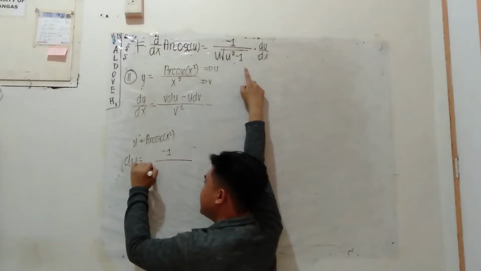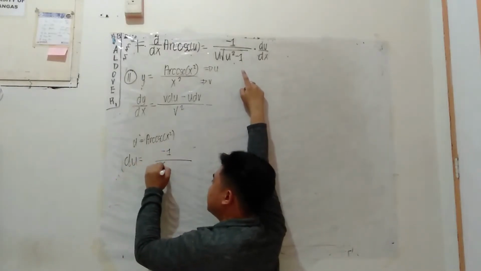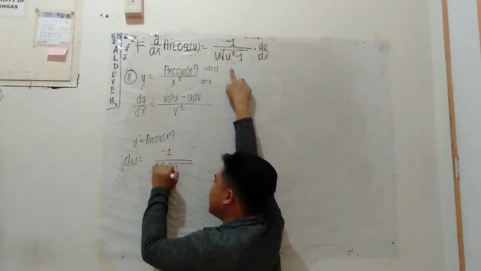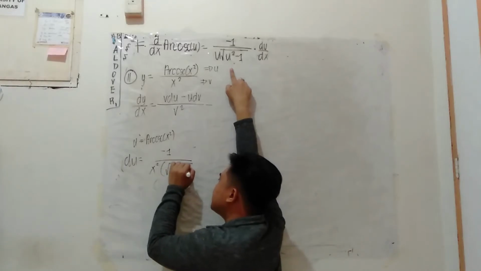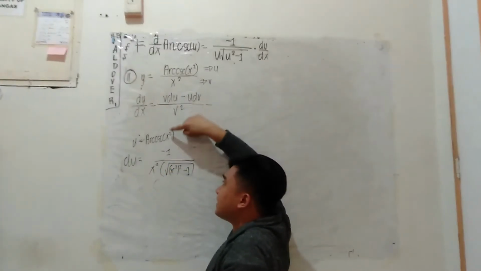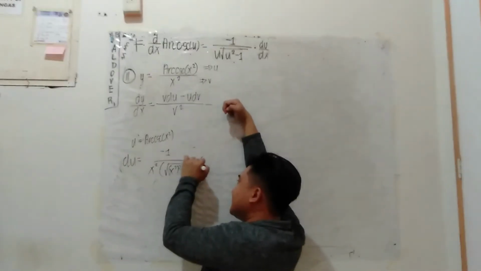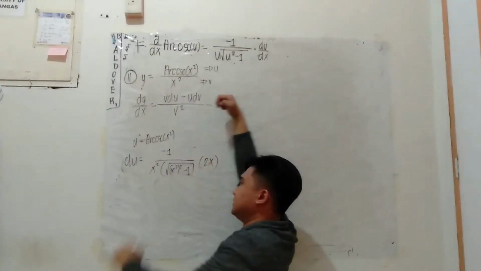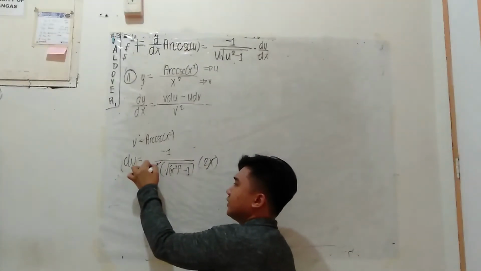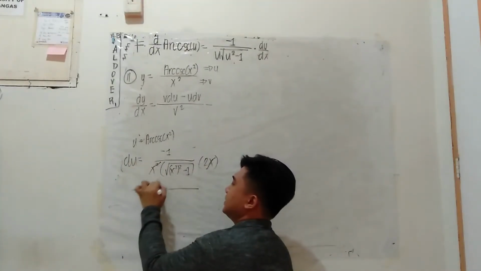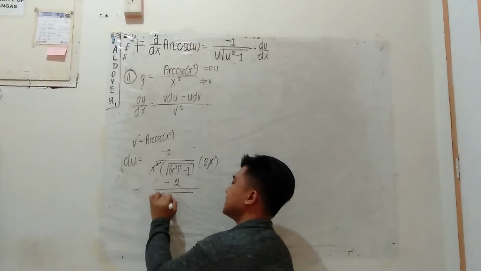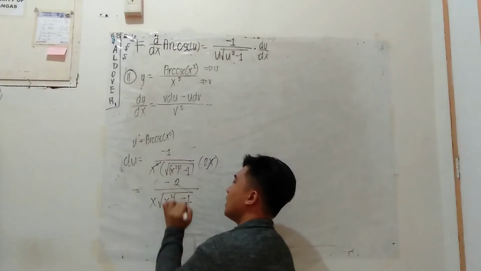U is x squared times square root of u squared, that is x squared squared, minus 1, times du dx. What is the derivative of x squared? That is 2x. Okay? One x will cancel there. So, du is negative 2x square root of x raised to 4 minus 1.